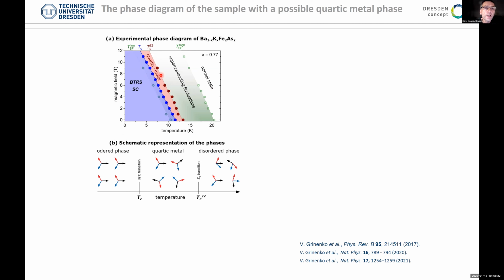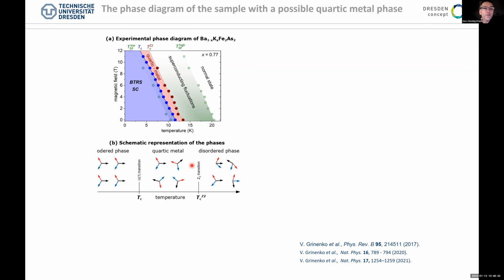I'll come to that name in a minute. And we see a clear, relatively large temperature range of fluctuations in the Nernst and spontaneous Nernst measurement, which indicates that really strong fluctuations are at all magnetic fields present in these samples close to that doping.